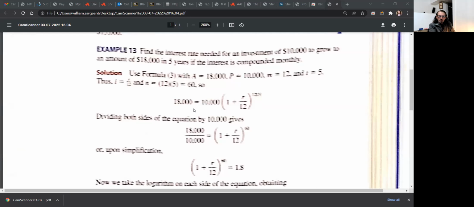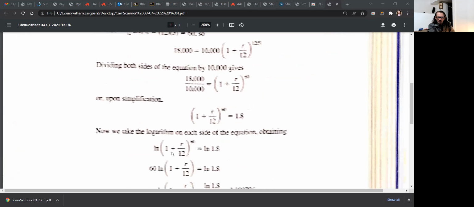What the author shows is dividing both sides by 10,000. That's good. So monthly, we've got 12. We also know this is happening in 5 years. So 12 times 5 is going to be 60. He's solving for R in 1 plus R over 12 to the 60 equaling 1.5.